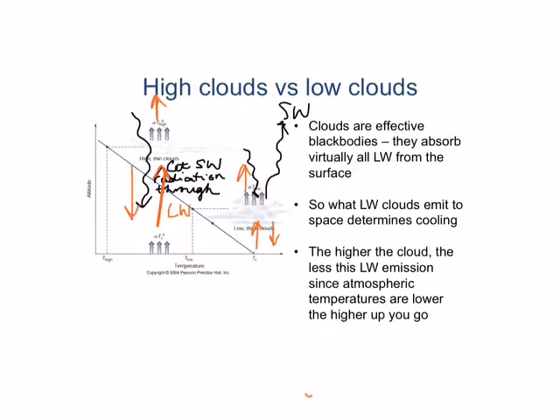Now, the thing to think about is which of these processes dominates. For the high thin clouds, there's a lot of shortwave radiation getting through. There's also long-wave radiation coming back down to Earth. The long-wave radiation is what wins out here, and so high thin clouds end up having a net warming effect.